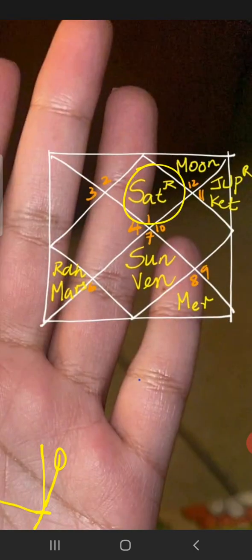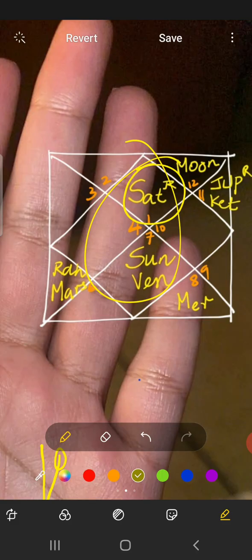That means there is a Shani Shukra Sun combination, or some kind of understanding, some kind of influence, some kind of prediction that we can give. Okay, so this is what I wanted to explain in this part.